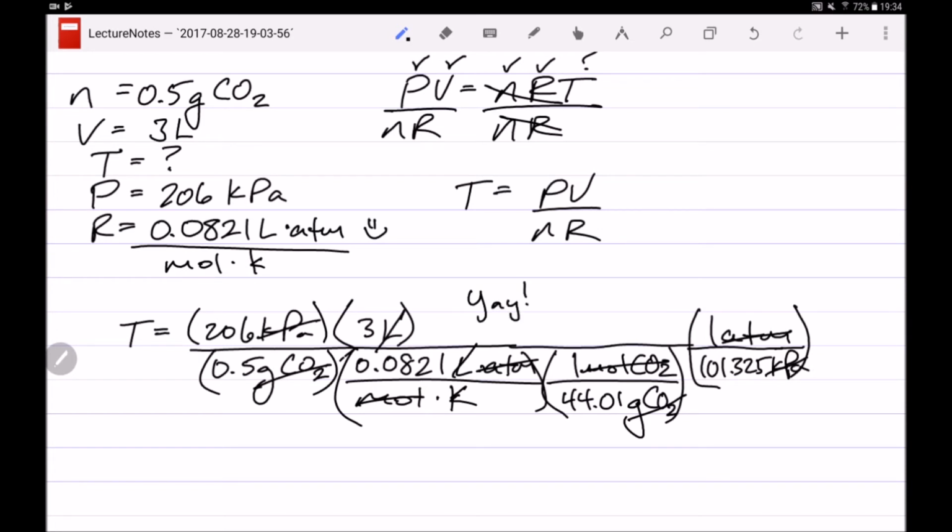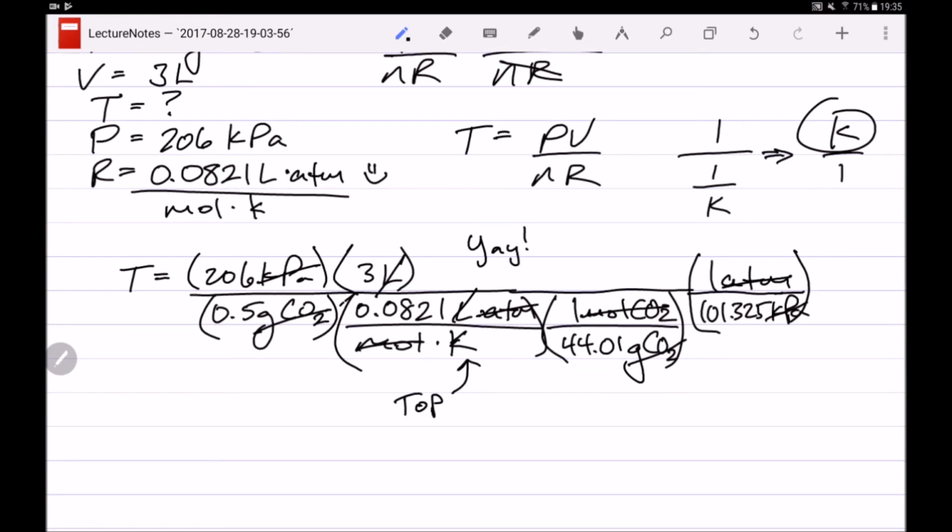Yay! Leaving us with Kelvin, and boy, I sure hope that that's where it needs to be. And it is, because Kelvin is on the bottom of the bottom. And when you have Kelvin on the bottom of the bottom, that's the same thing as multiplying by the inverse, so Kelvin is actually on top when it's on the bottom of the bottom. So, yeah.